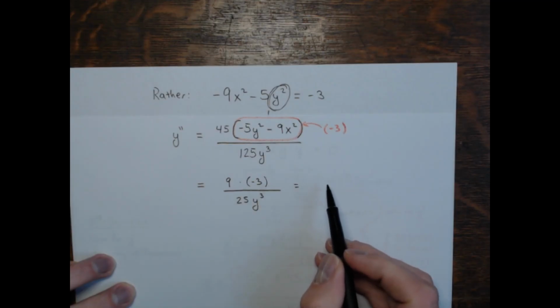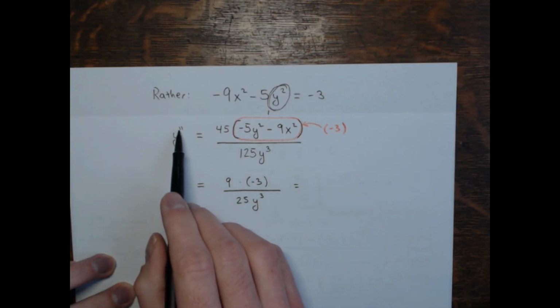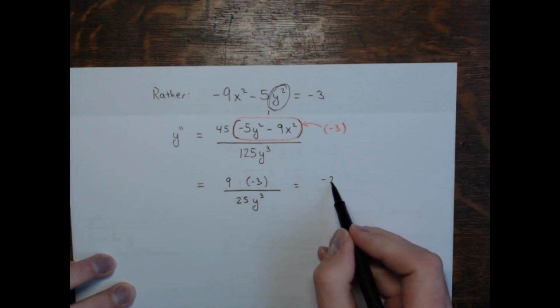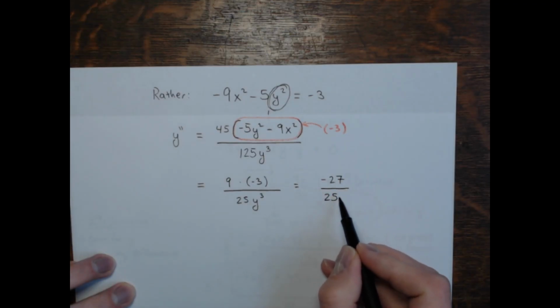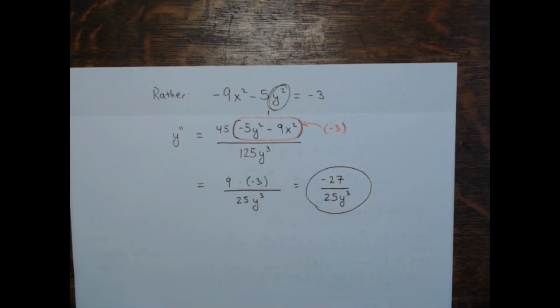So overall, the simplest this second derivative expression could get has negative 27 in the numerator and 25y cubed in the denominator, right? And this is more than likely what they're going to have for their final answer.